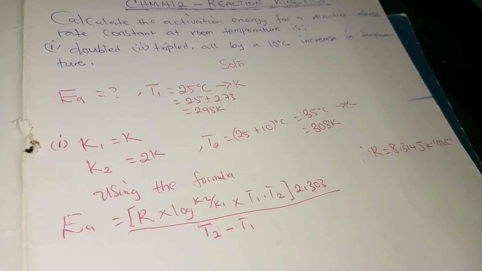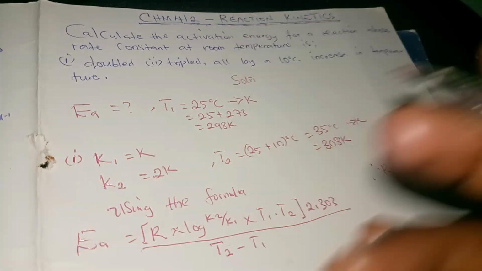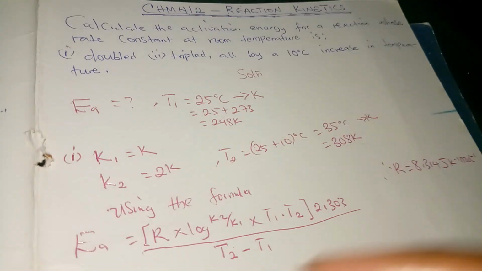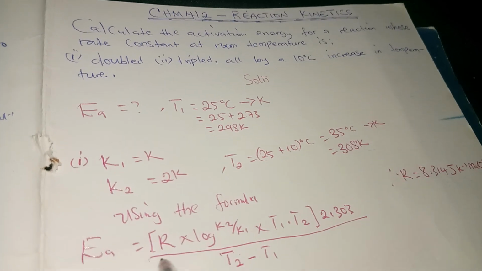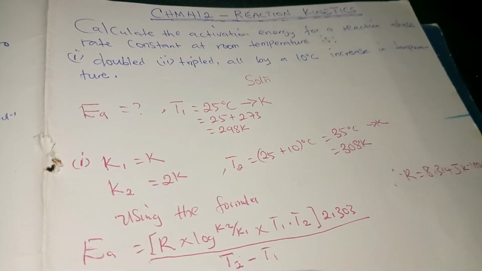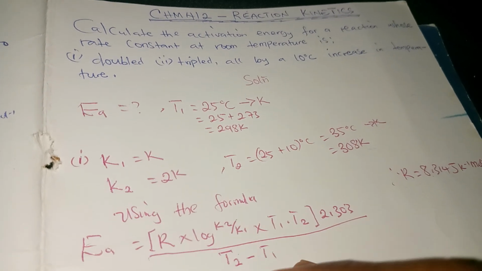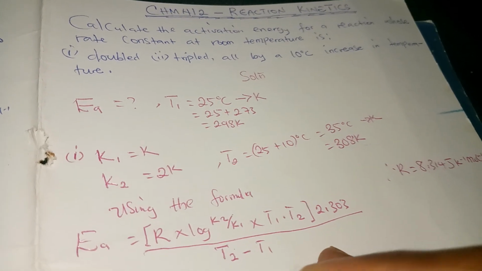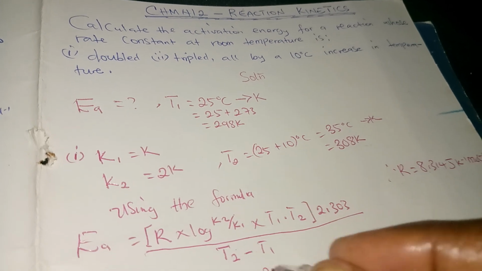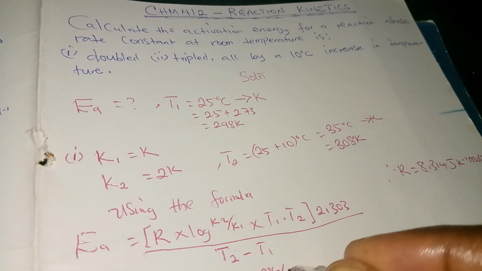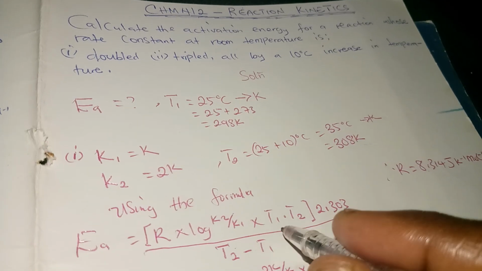That's it. So I'm going to substitute all these values into this formula, and so I have my R, 8.314, times my log. What's my K2? My K2 is 2K. My K1 is K. Times what's my T1?